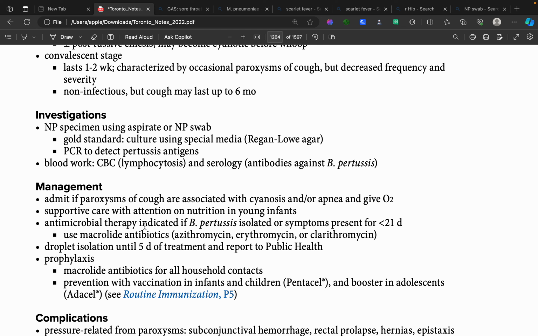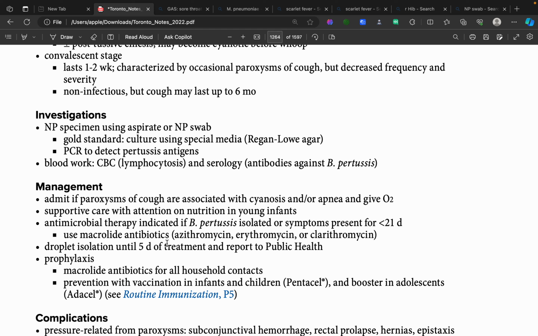Antimicrobial therapy is indicated if Bordetella pertussis is isolated or symptoms present for less than 21 days. Use macrolide antibiotics like azithromycin, erythromycin, or clarithromycin. If I'm not making a mistake, pertussis is one of the bacteria which is intracellular, and we need macrolides in order to penetrate the cell and work on the bacteria to kill.